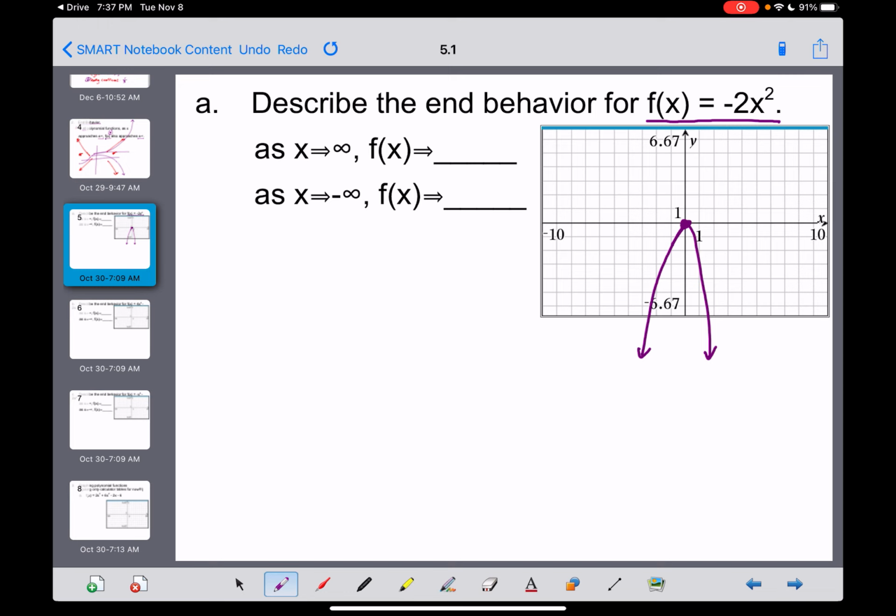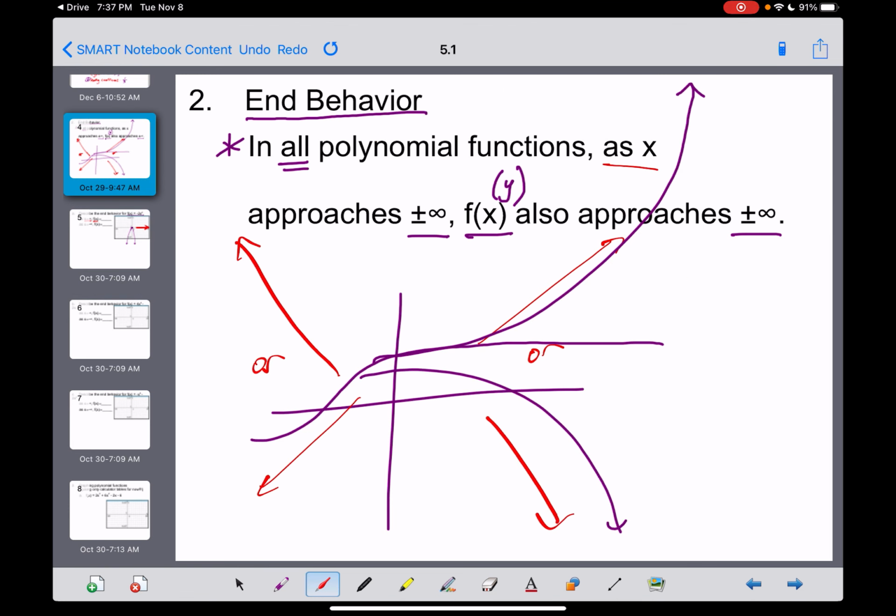So what's going on here, guys? They're asking us two questions. As x approaches positive infinity, which means as we move further and further out to the right, going this way, what happens to our y value? Now back to what we wrote down on the previous slide. As x approaches infinity, y approaches either positive or negative infinity.